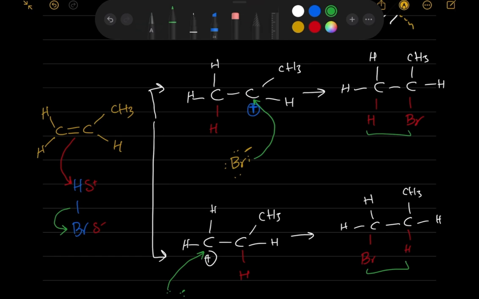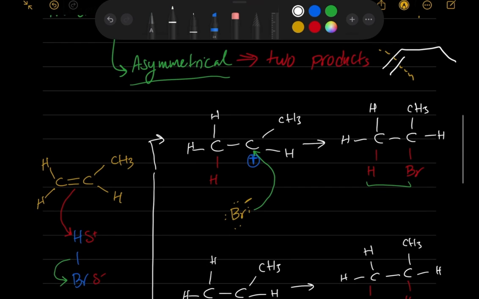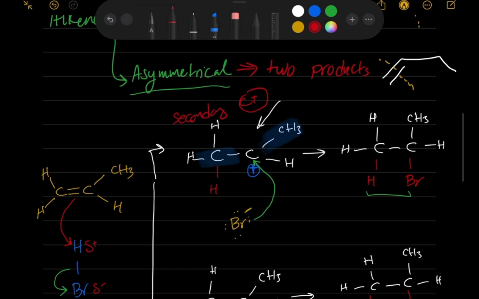Now my question: which of these compounds is a major in amount? We said based on the stability of carbocations, which of these carbocations is more stable, the first one or the second one? If we look at the first one here, we just noted that the carbocation is bonded to this alkyl group and this alkyl group, which means that the type of carbocation here is secondary, which is more stable.